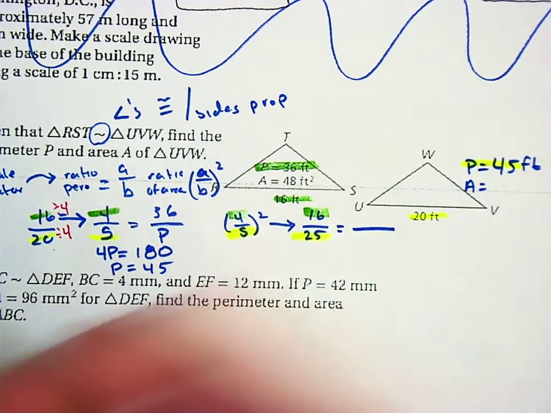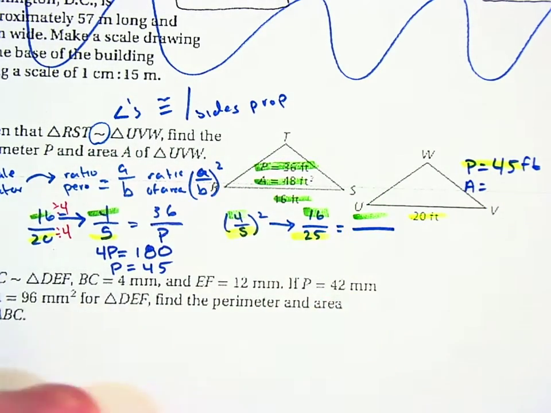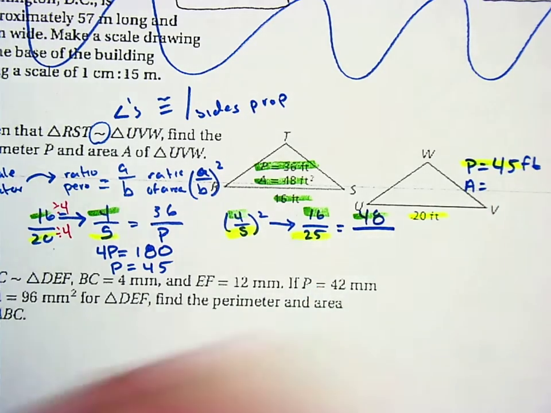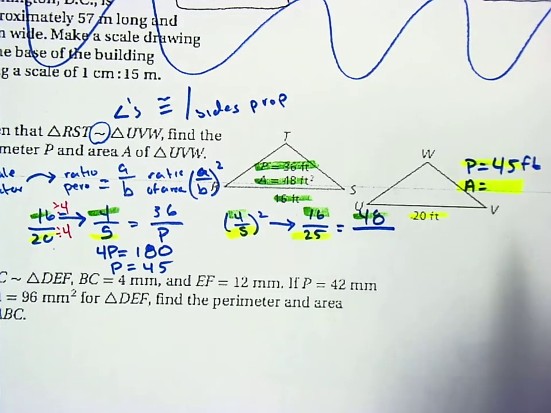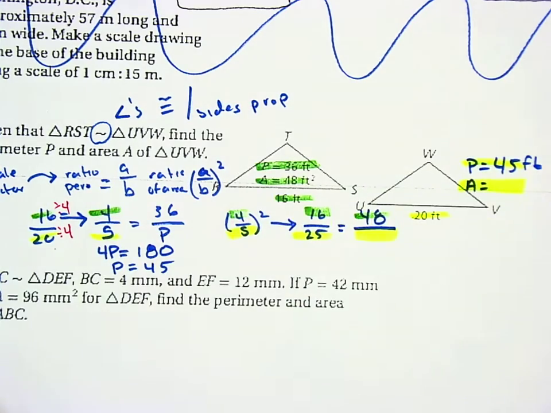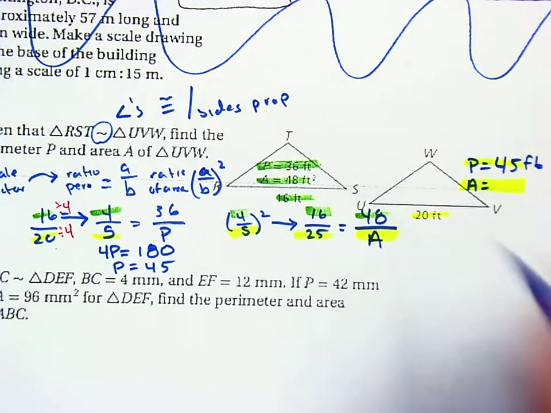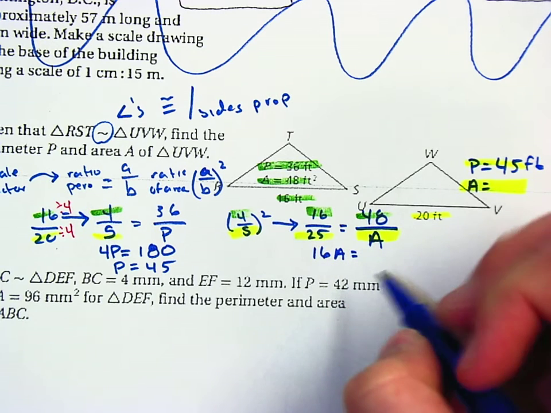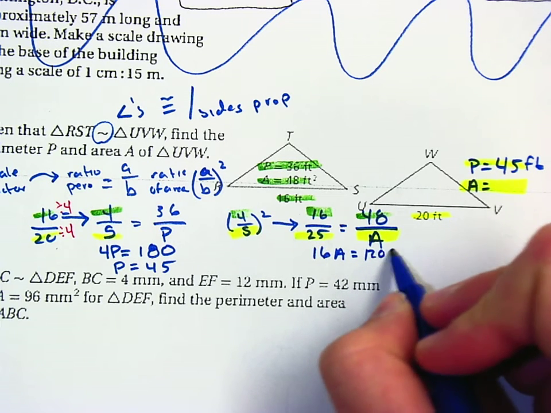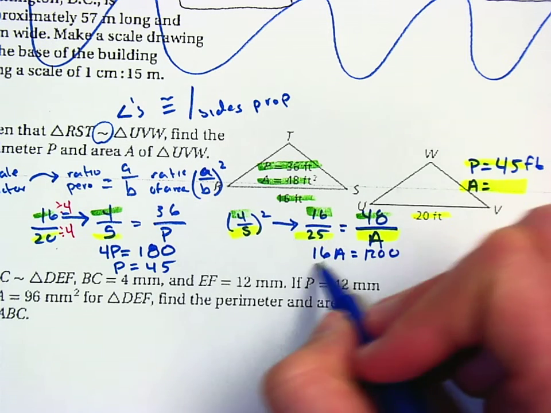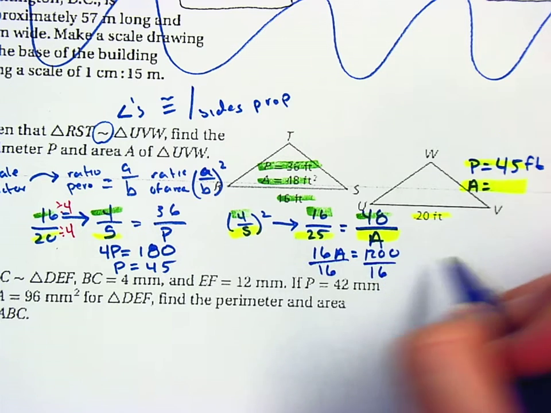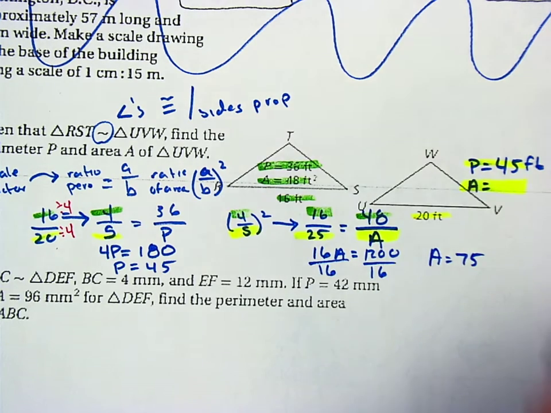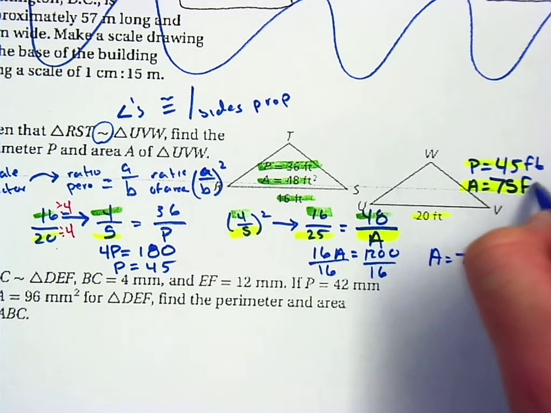The smaller area is 48. Well, the larger area, we don't know. That's our A. It's what we're looking for. So now we just cross multiply and solve. 16A equals 1200. When you divide by 16 on both sides, you get A equals 75, but we have to remember our units. So it's 75 feet squared.